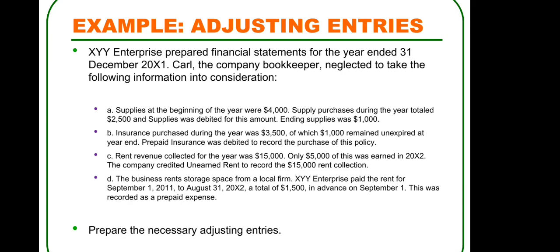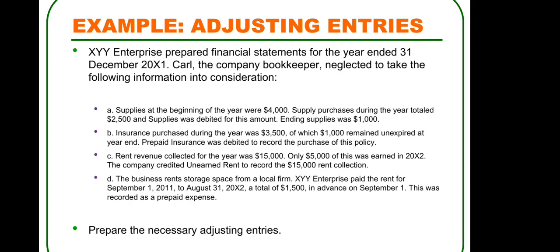Insurance is an example of a prepaid expense. When you purchase the insurance, you record it as a prepaid expense, because you will use the insurance only after you have purchased it.